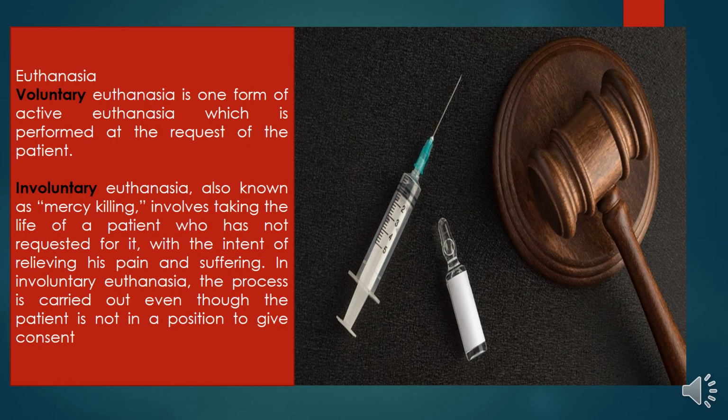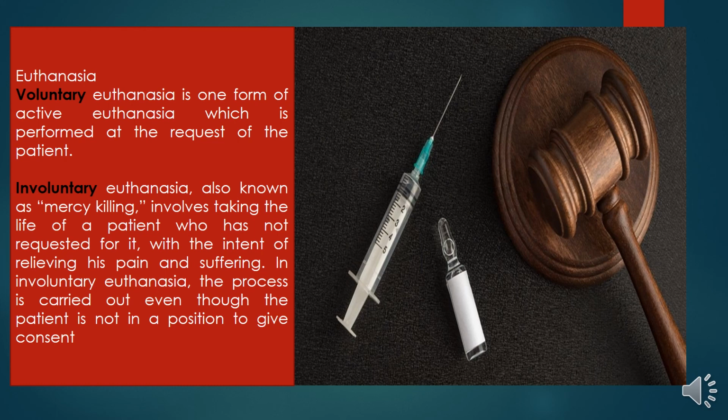Again, euthanasia can be voluntary or involuntary. If someone makes a conscious decision to seek help with ending their own life, it is considered voluntary euthanasia. The patient must give their full consent, and should demonstrate that they fully understand what the consequences will be. That is voluntary euthanasia. And involuntary involves someone else making the decision to end someone's life.